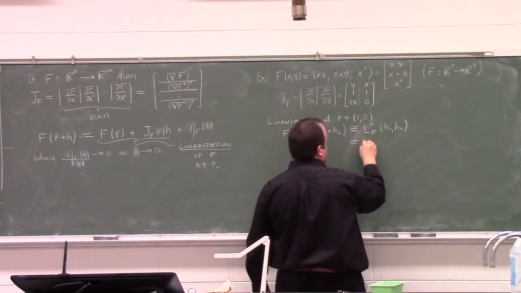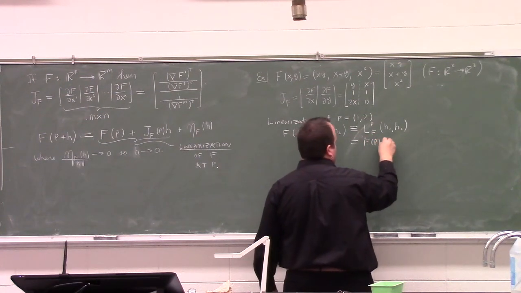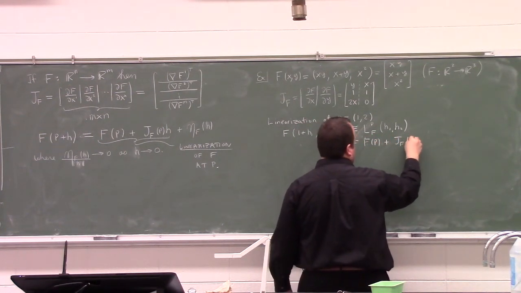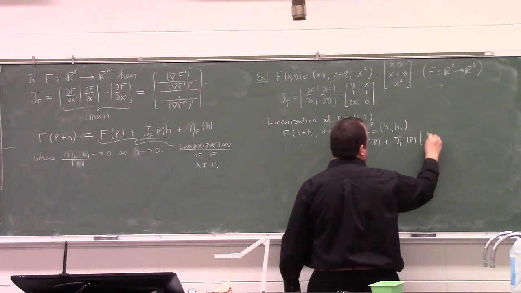So that would be equal to f of p plus the Jacobian of f at p times the two-component vector h1, h2.